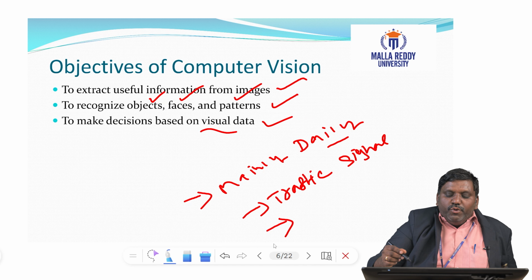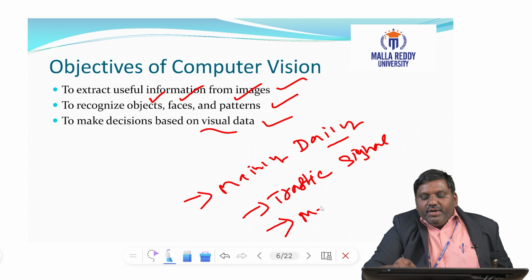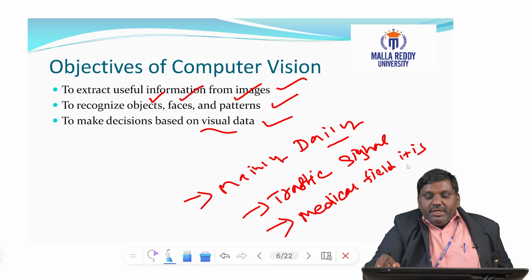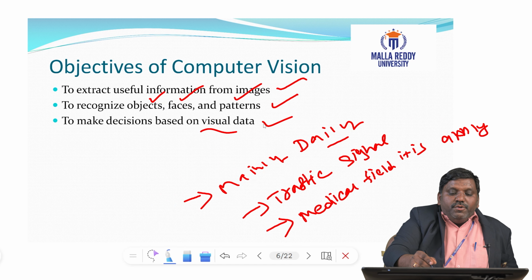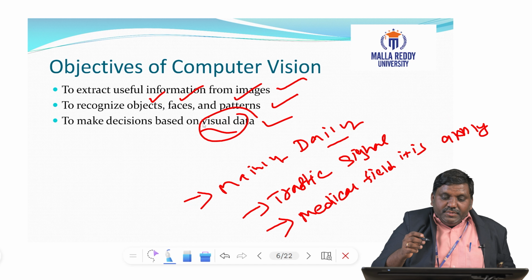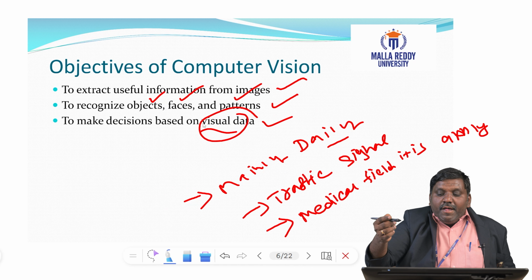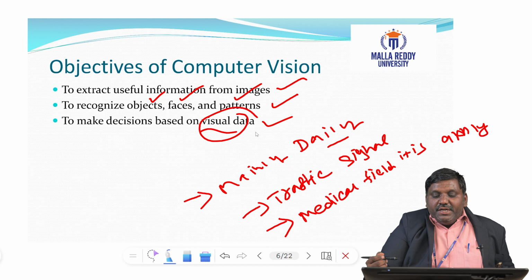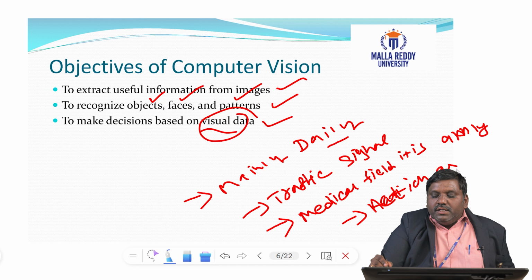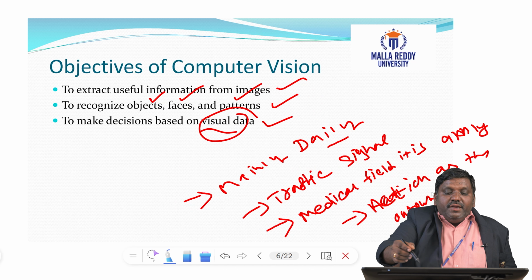Then if you are moving to the medical field, everywhere it is applied. Because nowadays they are taking the visual data and uploading it. So with the help of the visual data, we are getting some action as the output. Okay, this is the main objective of computer vision.